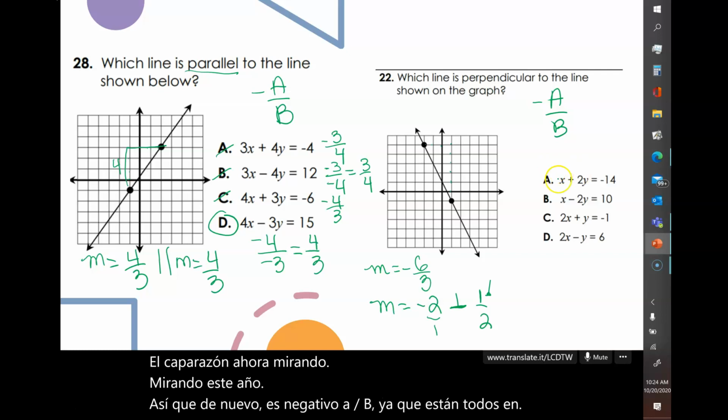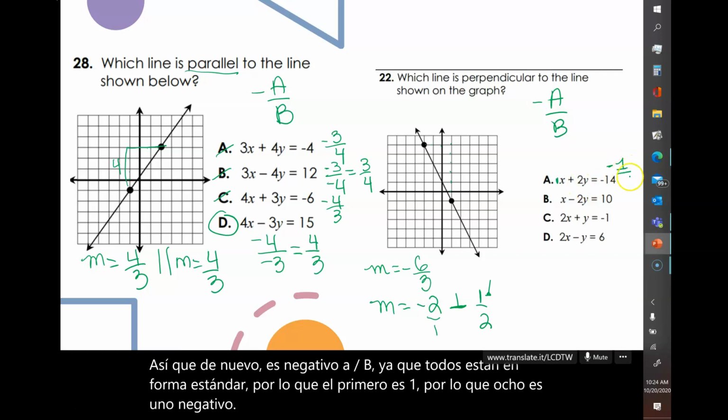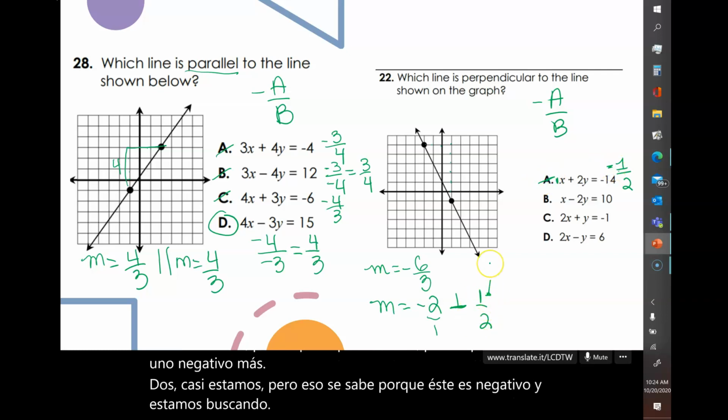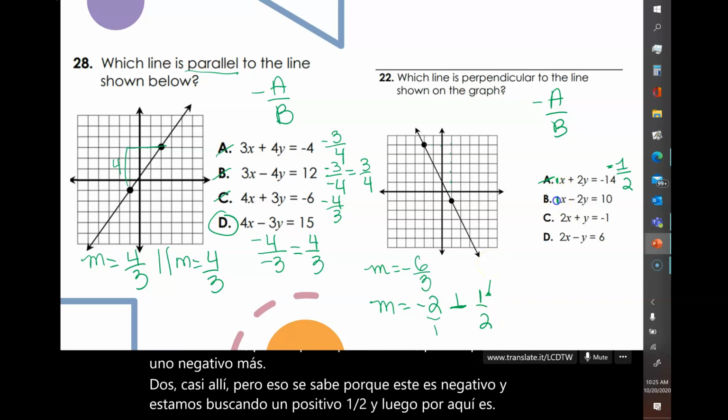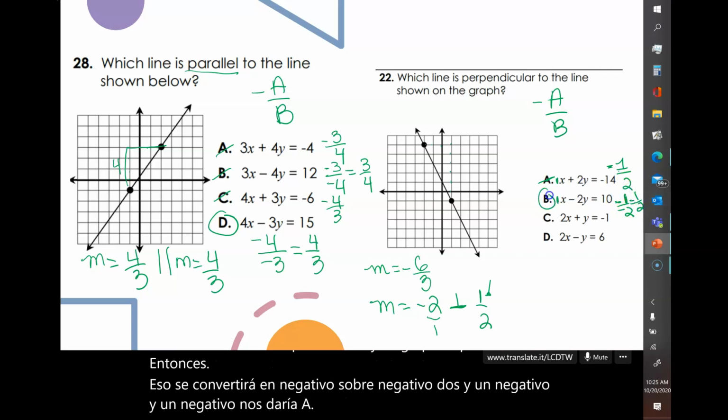So the first one, a is 1, so negative 1 over 2. We are almost there, but that's no, because this one is negative and we are looking for positive 1/2. And then over here it's a 1, so that will become negative 1 over negative 2, and a negative divided by a negative will give us a positive 1/2, so it's B.